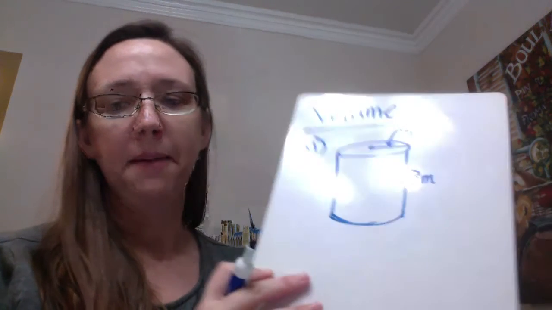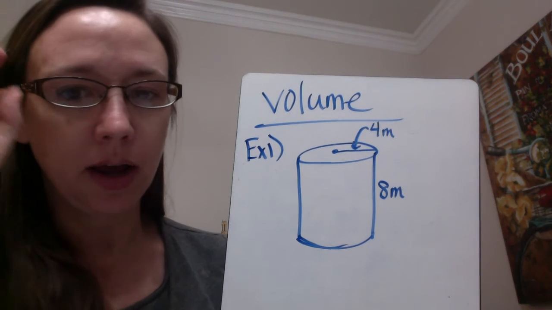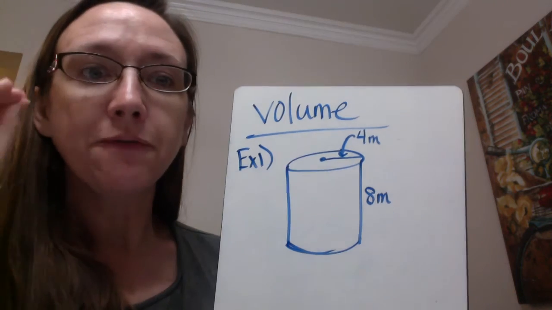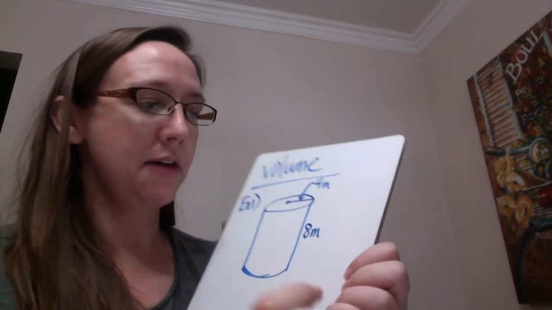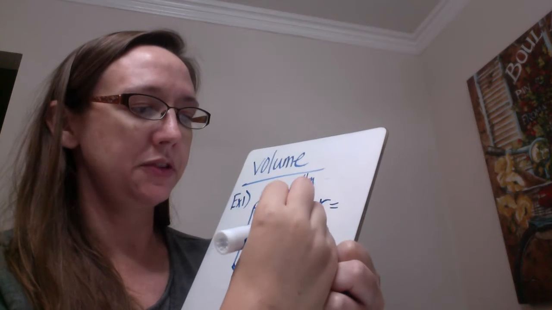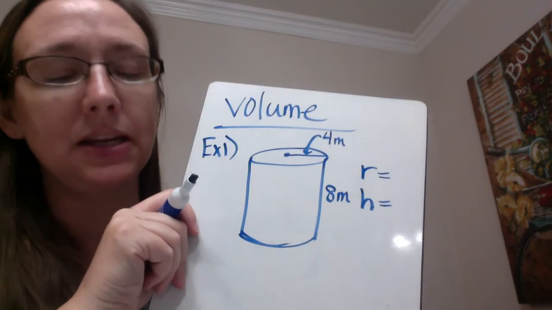So let's try an example of how to do that. Let me go get my example. Hold on. Okay, so we're going to try this example together. I'm going to work on it and you're going to work on it. I'll pause the video during different parts so you can get some stuff done. The first thing I want you to do is, when I have a formula that has lots of variables in it, I like to write the variables off to the side so I can just identify what's the radius and what's the height.